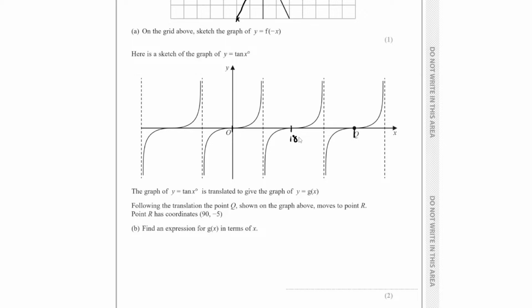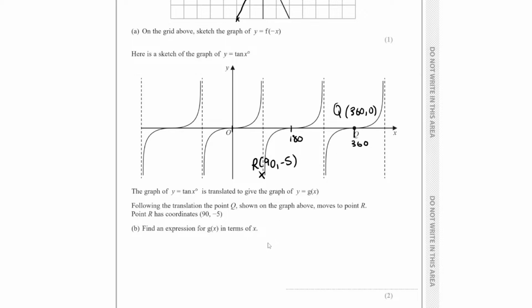This is 180, and then this one is therefore 360. So the coordinates of Q are 360, 0. Now R is at 90, which is this asymptote, minus 5. So let's say roughly here, that's R. 90, minus 5.